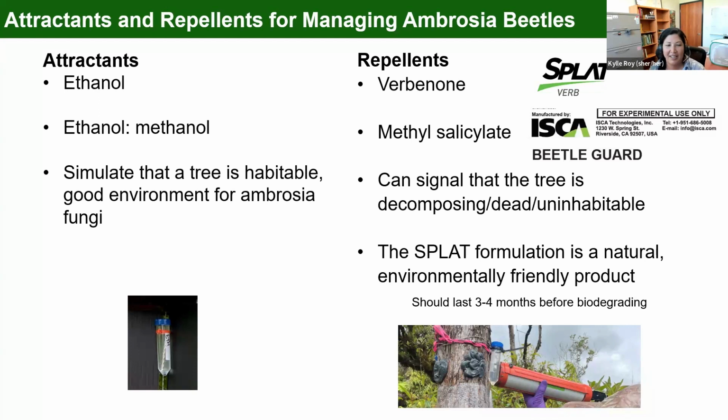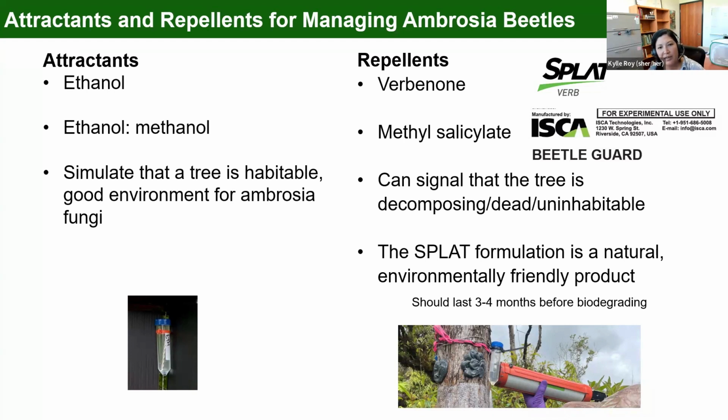It's kind of the same thing as using mosquito repellent, keeping them away. We looked at two different compounds, verbenone and methyl salicylate. Those compounds can signal that the tree is decomposing, is uninhabitable, not a good place for them to plant their ambrosia fungi.